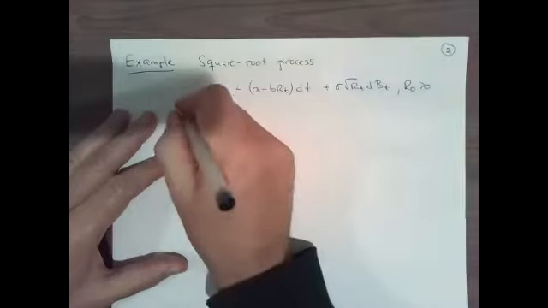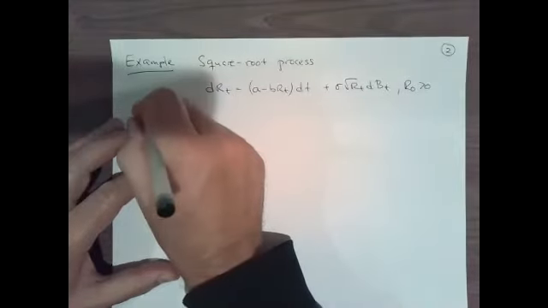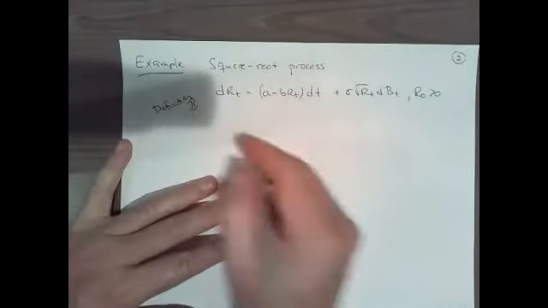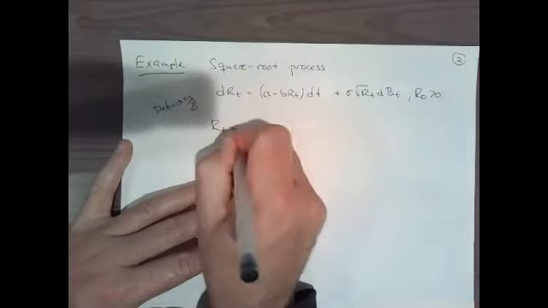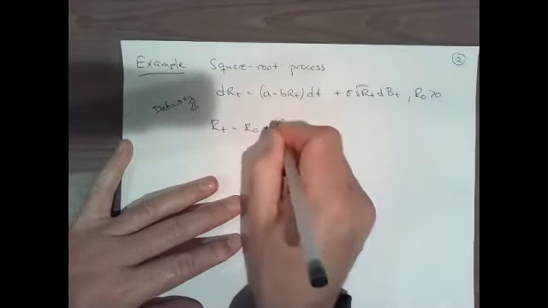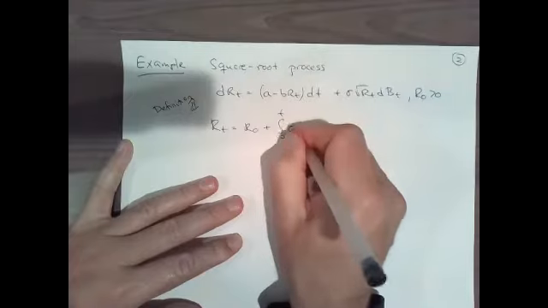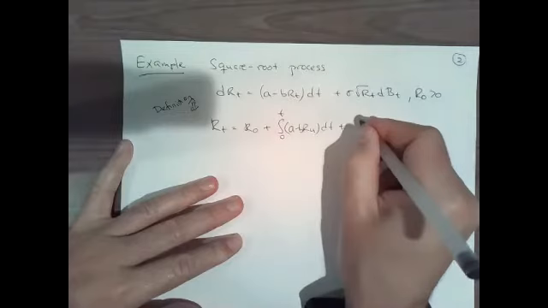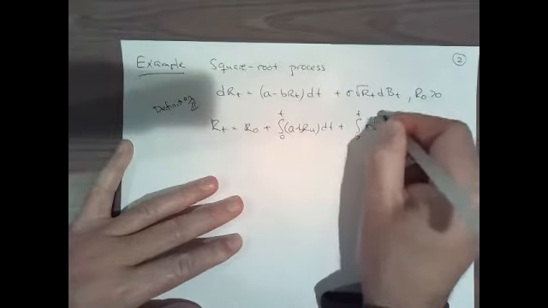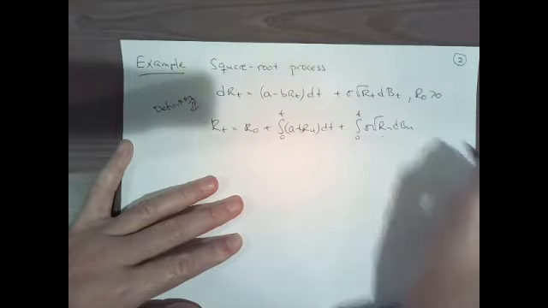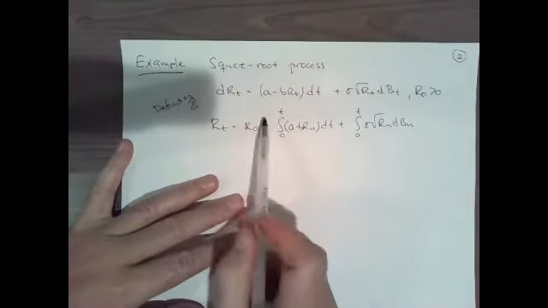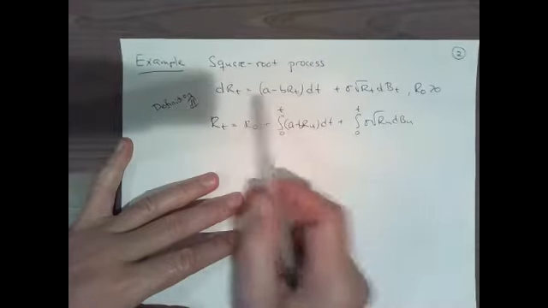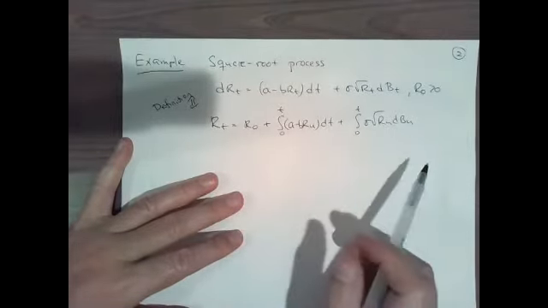Remember, by definition, this is just notation for writing R_t as R_0 plus the integral from 0 to t of (a minus bR_u) du plus the integral from 0 to t of sigma square root of R_u dB_u. These two things mean exactly the same. There's no difference. It's just much easier to write the top part than the bottom part.